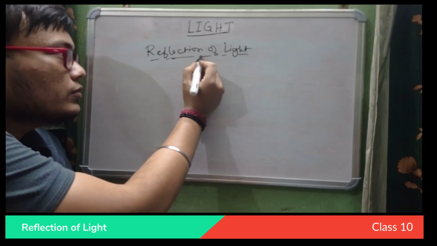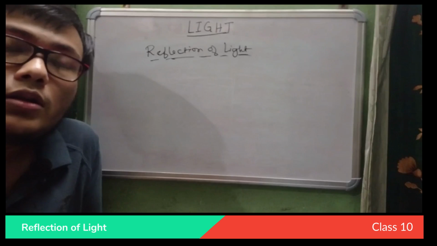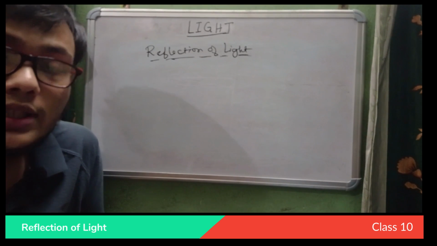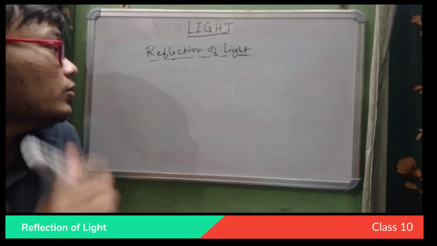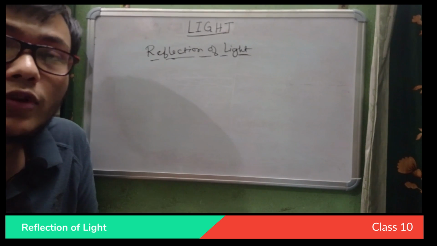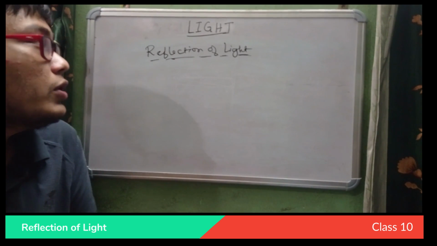So far I have discussed that when light rays from a source fall on an object, it gets reflected, right? And the light rays reflected from any object enter through our eyes, and we are able to see those objects.